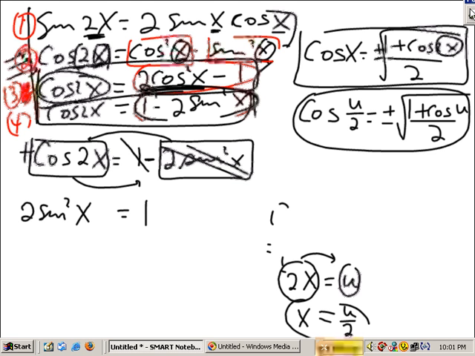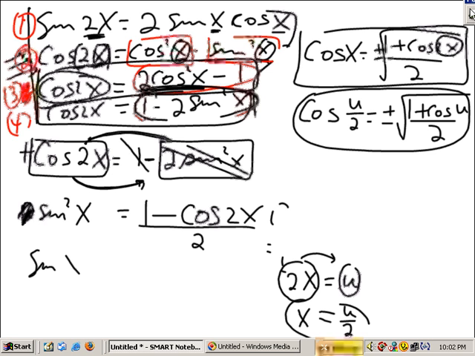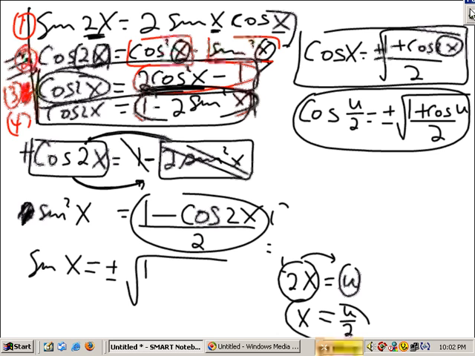The understood plus cosine 2x, when I bring it over to the other side of the equal sign, it becomes minus. And then I divide the right side by 2 and the left side by 2. That 2 disappears. So then, if sine squared x equals this, then sine of x equals plus or minus the square root of this: 1 minus cosine 2x over 2.